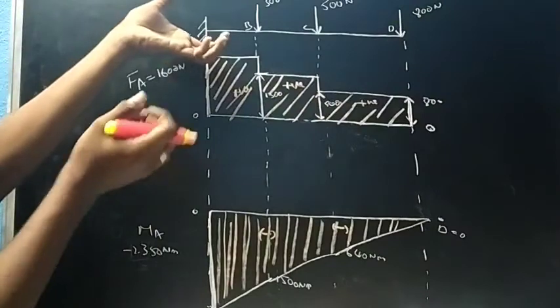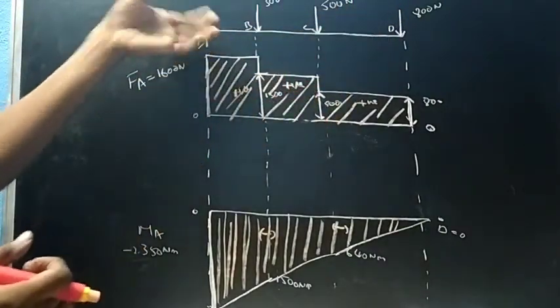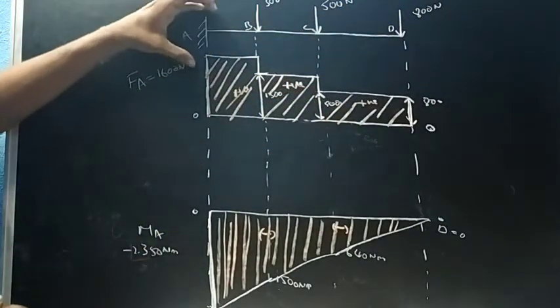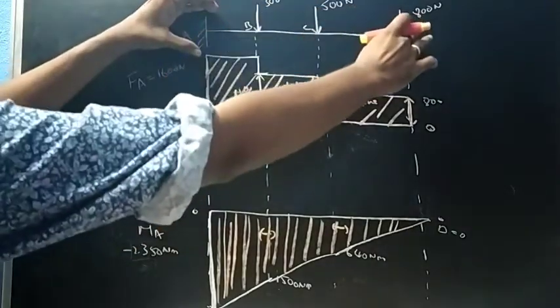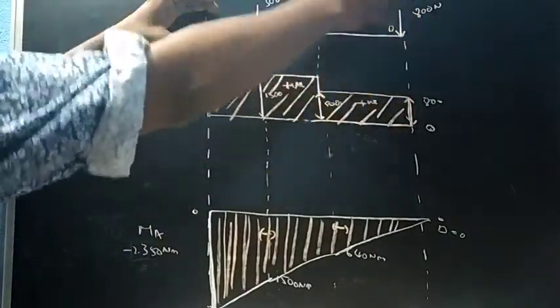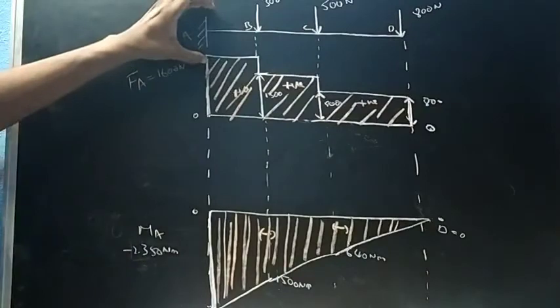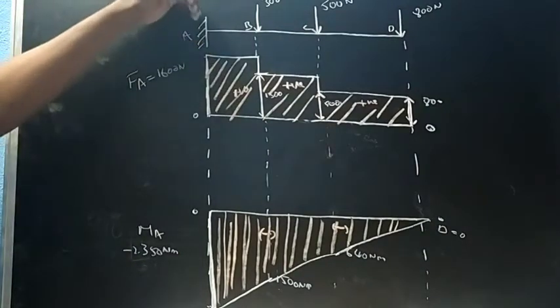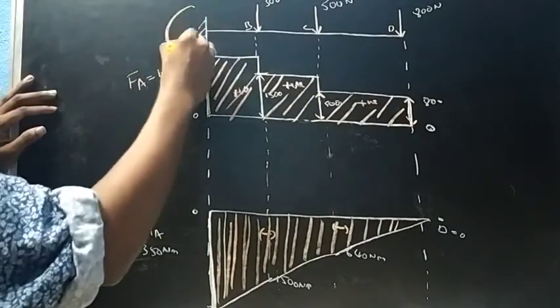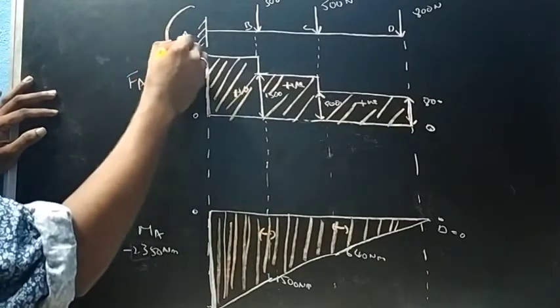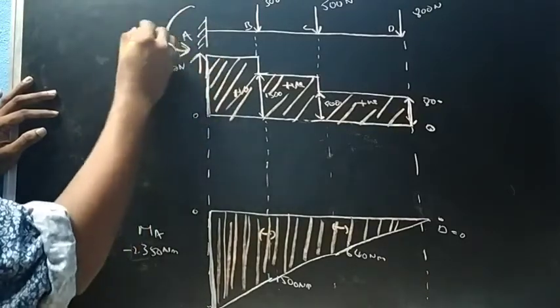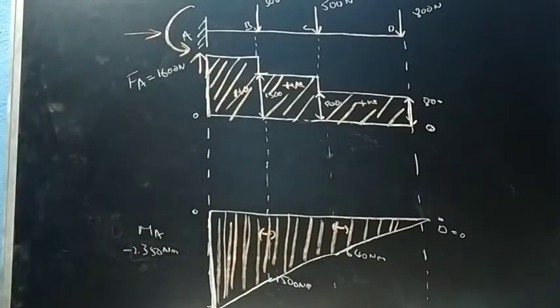It is going to hold all the loads. That means the moment has to be at A because D is free and it is free to move. There is no movement here. It will be fixed. That's why it has a vertical reaction, a horizontal reaction as well as a moment, right.